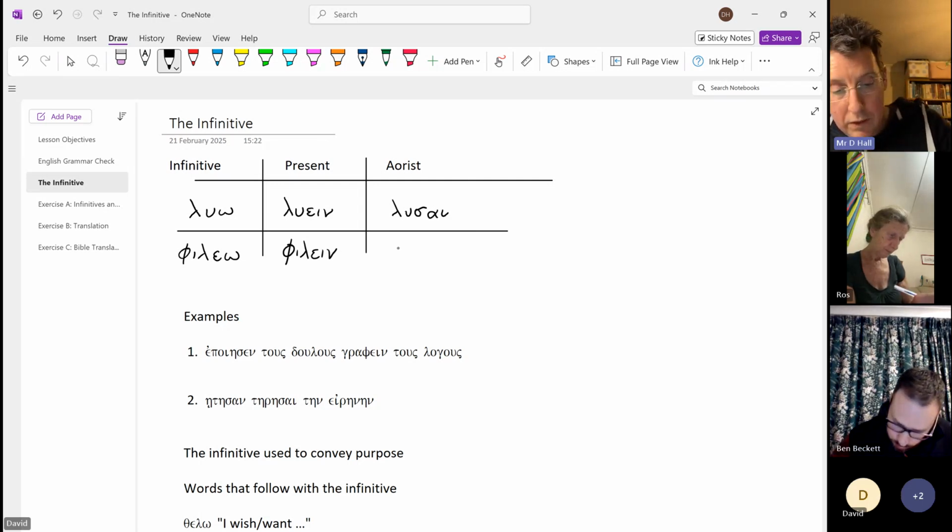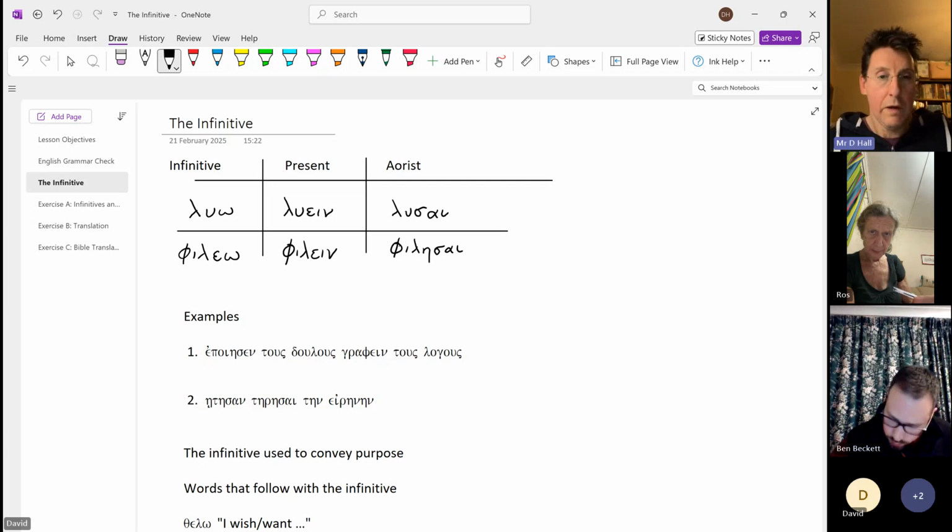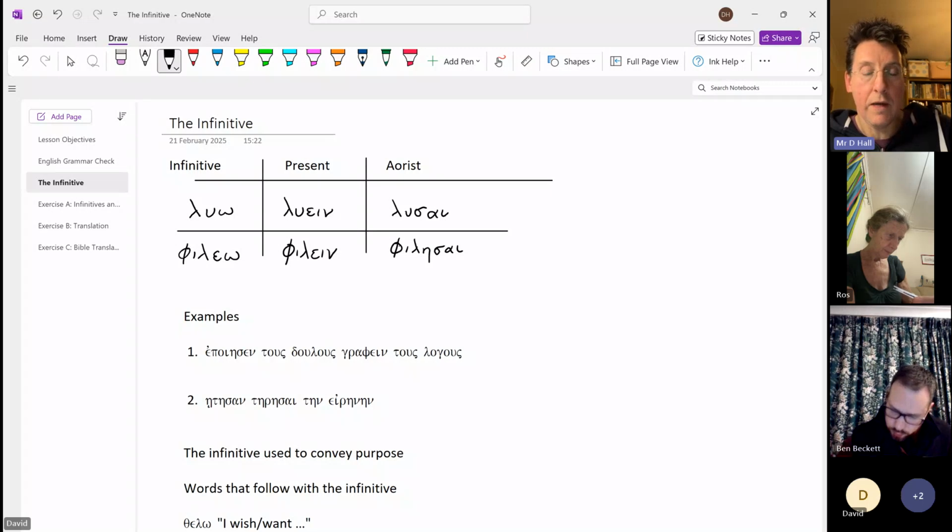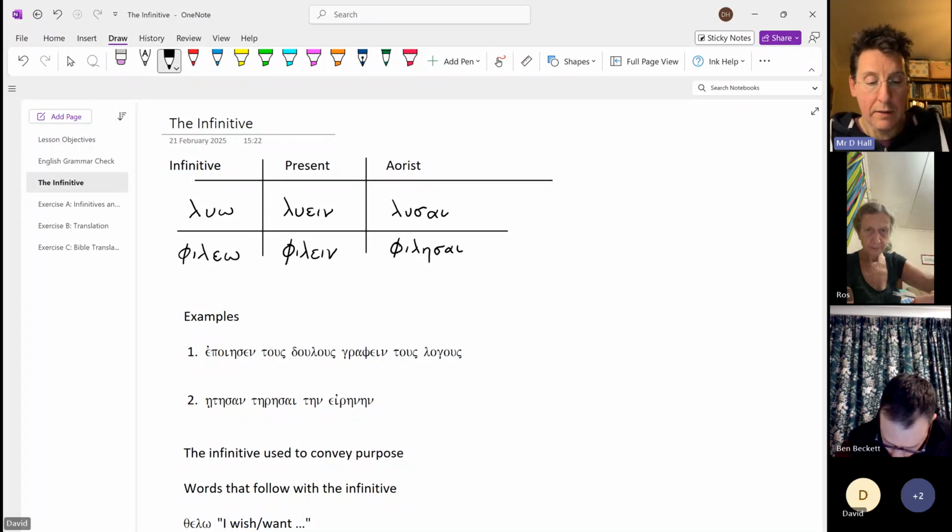And for the aorist of philo, it's philesai, which is the contraction, the lengthening of the epsilon, as the sigma is placed in there. So those are your basic forms for infinitive, and so if you spot the ending with the ein, then you'll note that you're working with an infinitive, and obviously with the aorist, you look out for the endings. It's got these very specific endings. So a couple of examples.